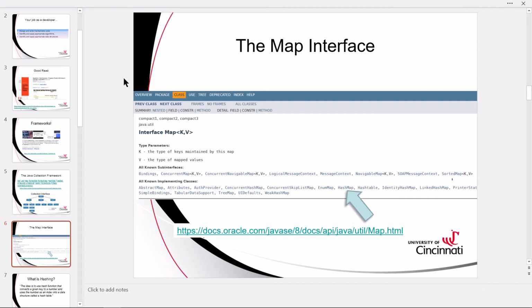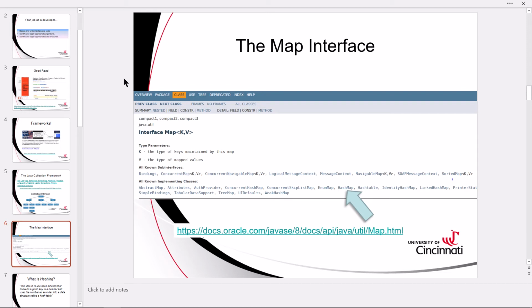The map interface has two parameters which we refer to as K and V. Therefore, when we're implementing this interface, we have to define two parameters. Now, we call the first one K because it's conceptually thought of as a key. It behaves like a key. And we call the second one V because it behaves like a value.